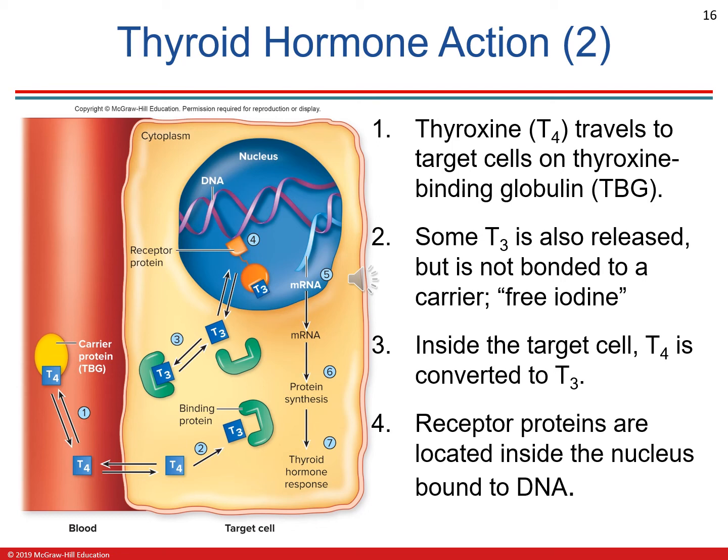When it's in front of the nucleus, that T3 detaches from the binding protein and crosses the nucleus membrane. Inside the nucleus, there is a specific receptor for the T3. And this T3 with the receptor is the one that finally reaches the target, that is the DNA.